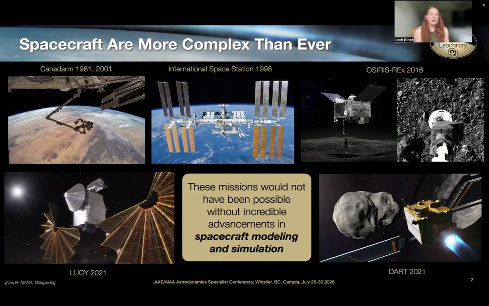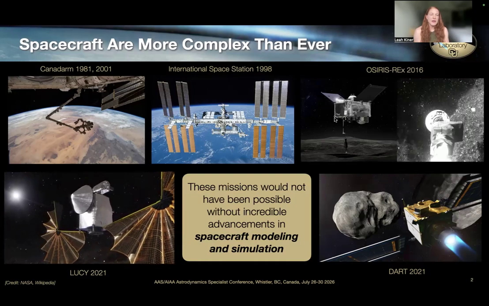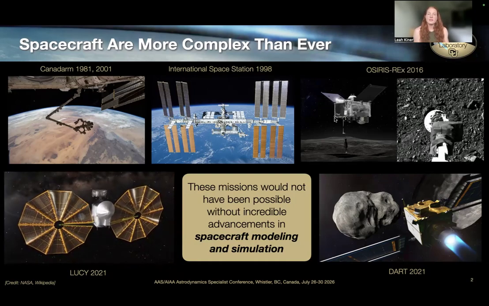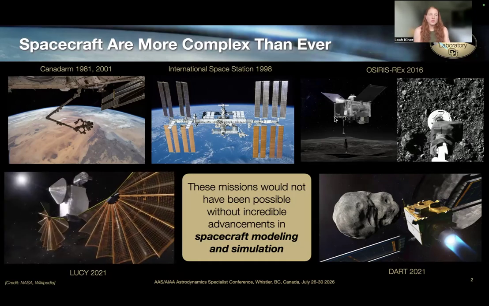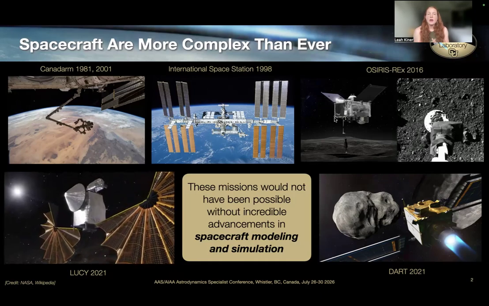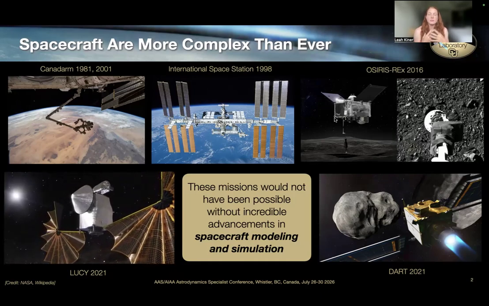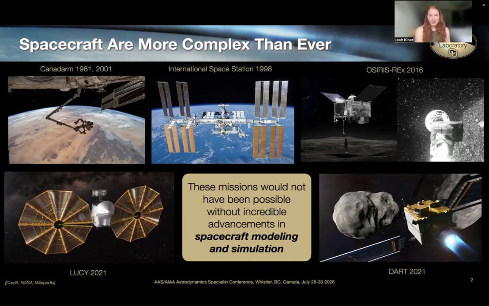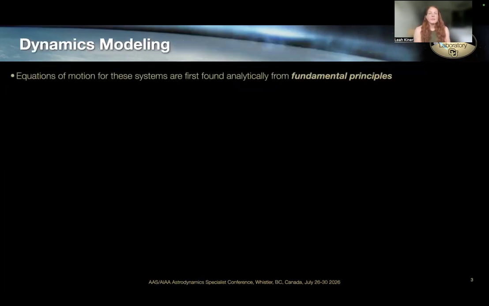These aspects are necessary for analyzing and validating the expected performance of the spacecraft across different phases of the mission. So it's really crucial that these simulations accurately represent the true dynamics of our system because these spacecraft are just becoming more and more complex. So with that being said, that's the focus of this research.